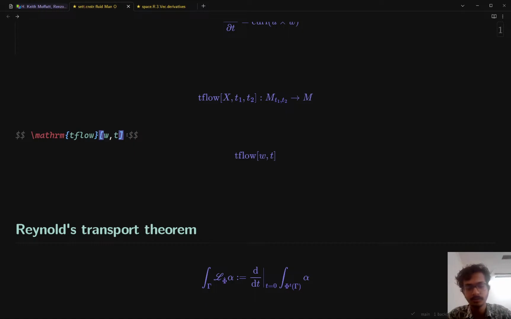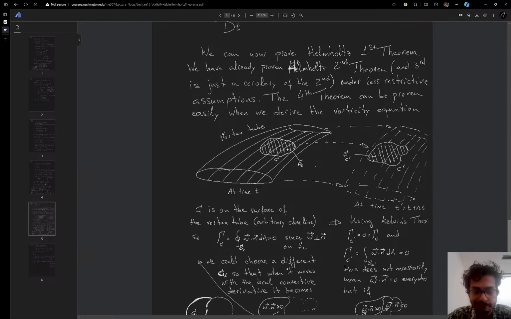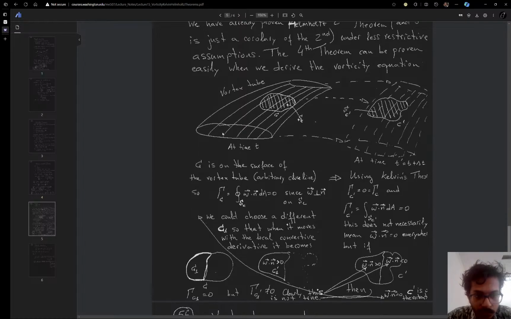This is a time-dependent one-parameter family of local diffeomorphisms. It will flow and this will define a line. What else will that do? Vortex tubes, arbitrary integral is 0.